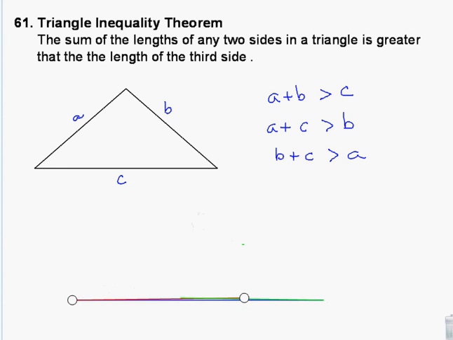Do you see how they're going to overlap? If they don't overlap, if they are even just the same length as the third side, and I bring them up without extending them, there is no way for them to connect and make a triangle. So two sides have to be bigger than the third side always. Does that make sense? Okay.